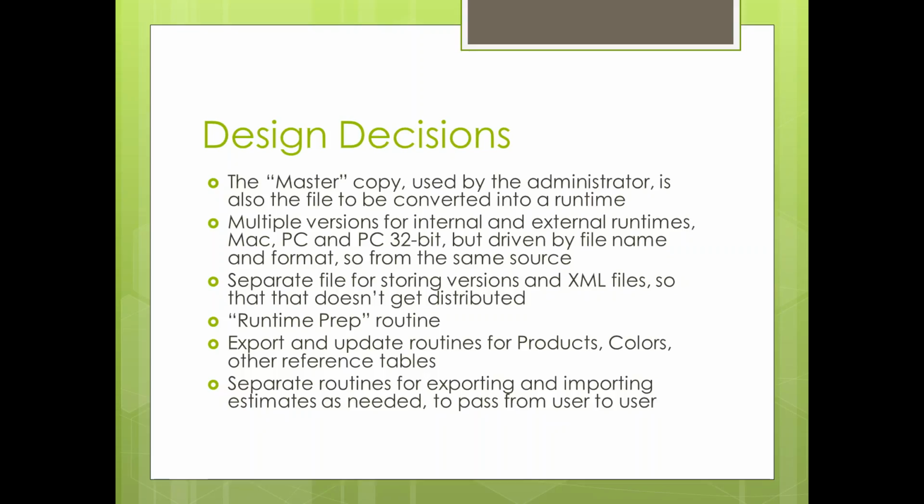We decided that rather than making those into two separate files, we would make one file. We would have one file that we turned into two runtimes that use two different file extensions. And then that file, when it's open, checks its own file extension to figure out which way to behave, whether to hide or show certain features and so forth.